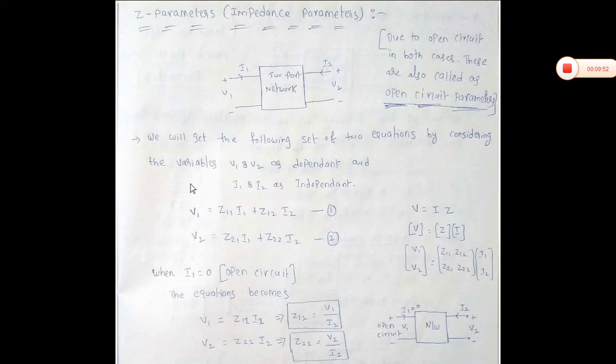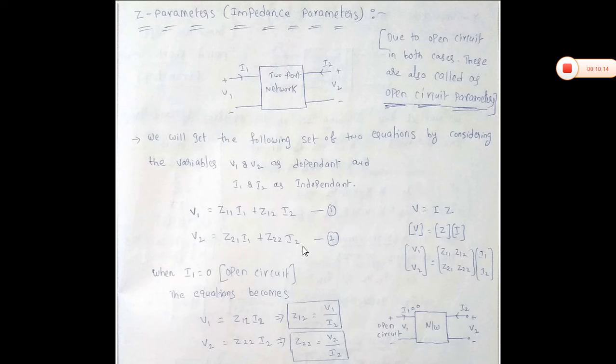The two equations can be written like this: V1 equals Z11 I1 plus Z12 I2 is the first equation. The second equation is V2 equals Z21 I1 plus Z22 I2.